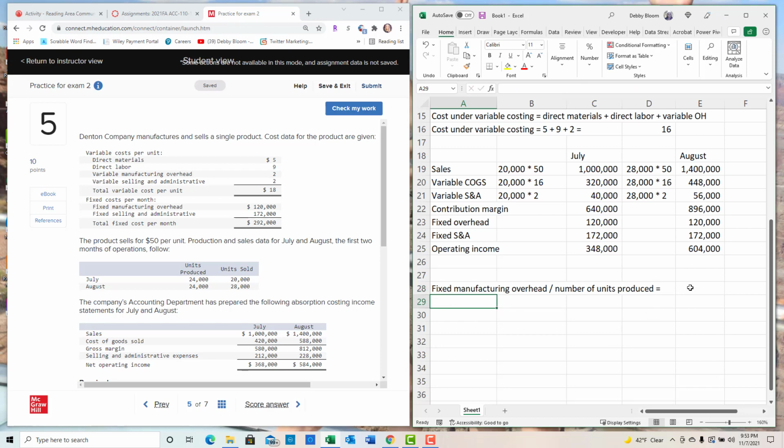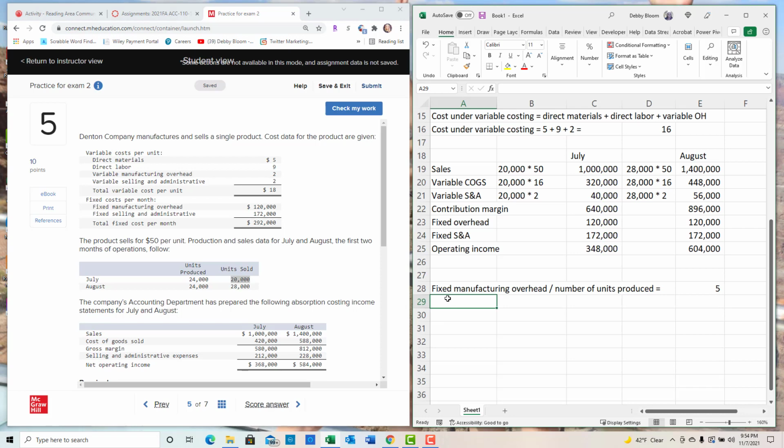So in both cases, our fixed manufacturing overhead is 120,000, and in both cases, our number of units produced is 24,000. So we have fixed manufacturing overhead of $5 per unit. Now you're going to notice that in each case, the difference between the number of units produced and the number of units sold is 4,000.